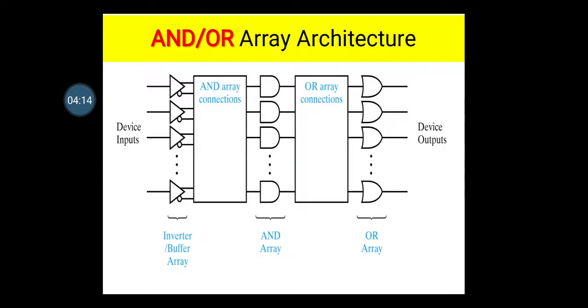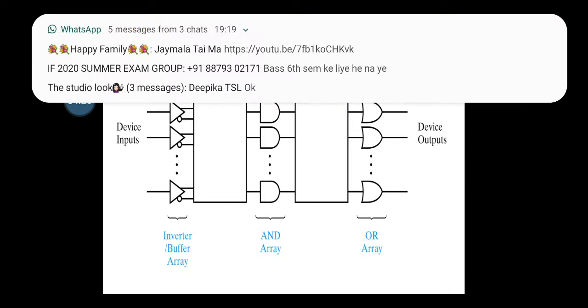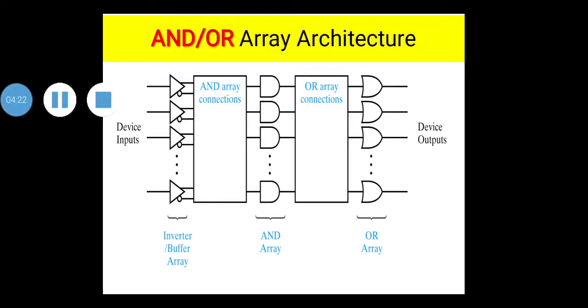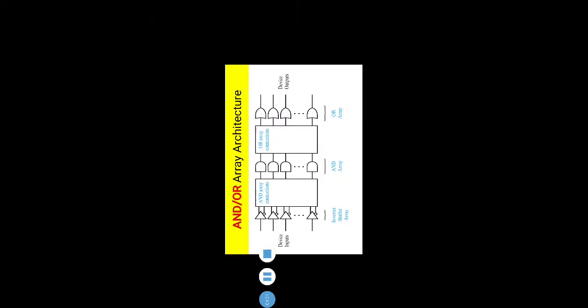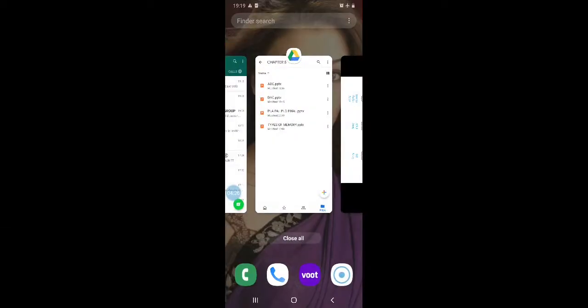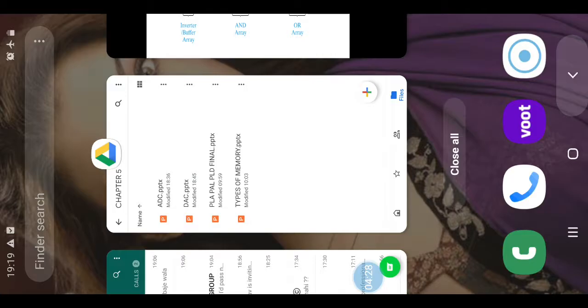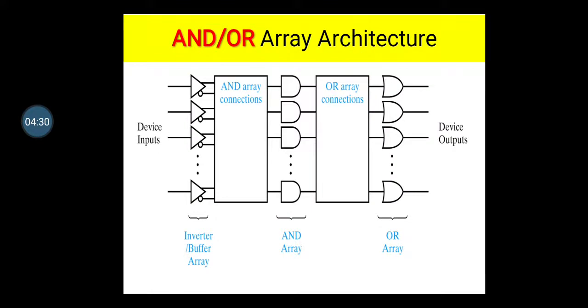So this is the architecture of the SPLD IC. Inside the IC you will have AND gate arrays and OR gate arrays as shown, and the inverters or buffers are also there.